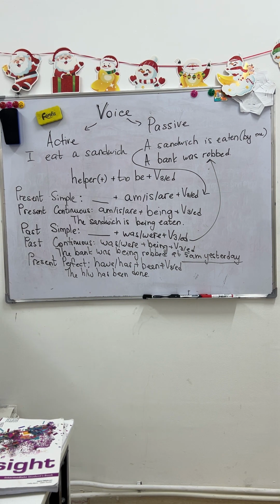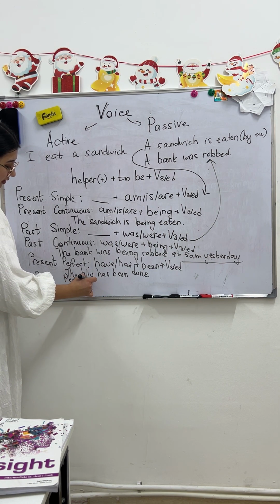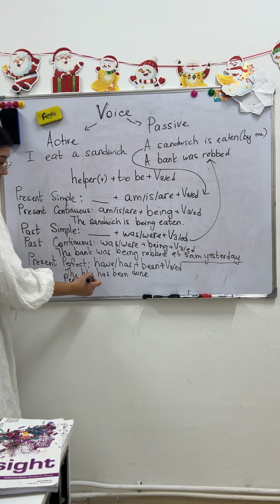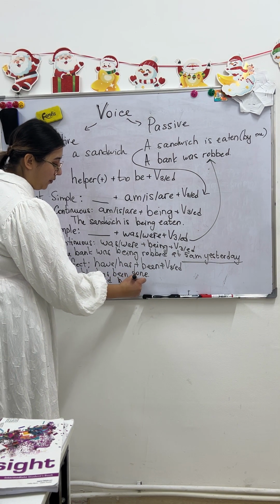And the last one, no, not last, plus two. Past perfect passive. So, what's past perfect passive? What is the helper of past perfect? Had. Had been plus verb 3 or ed.